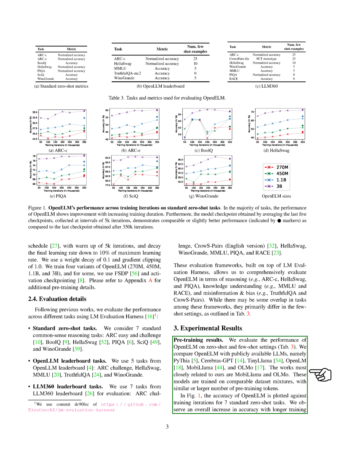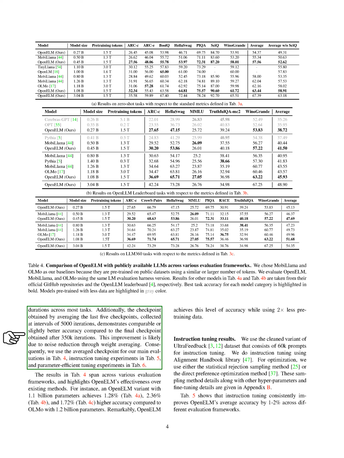We observed an improvement in accuracy with longer training durations across most tasks. Interestingly, averaging the last 5 checkpoints showed comparable or slightly better accuracy than the final checkpoint, likely due to noise reduction through weight averaging. This average checkpoint was used for main evaluations, instruction tuning experiments, and parameter-efficient tuning experiments.